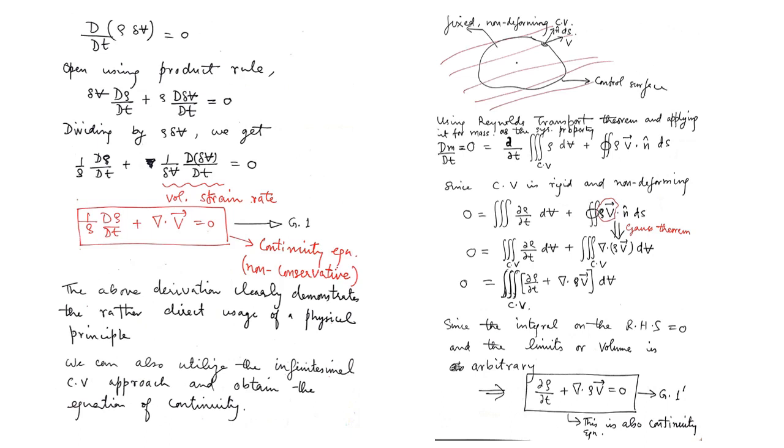See, G means the governing equations. Okay, so all my governing equations, I'll keep on labeling them as G.1, G.2, like that. So G.1, first equation, governing, and this is the non-conservative form of the continuity equation. Notice the presence of the material derivative of density in this equation.